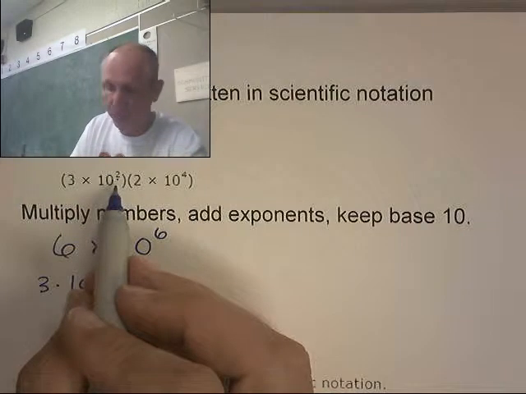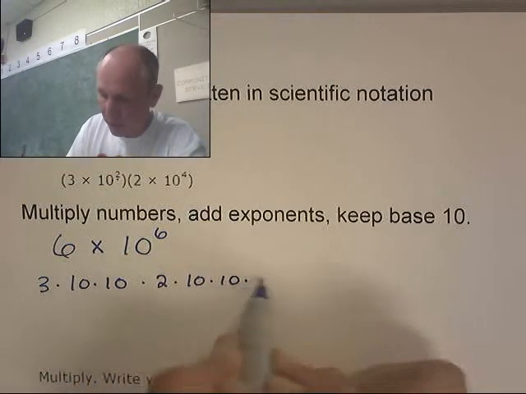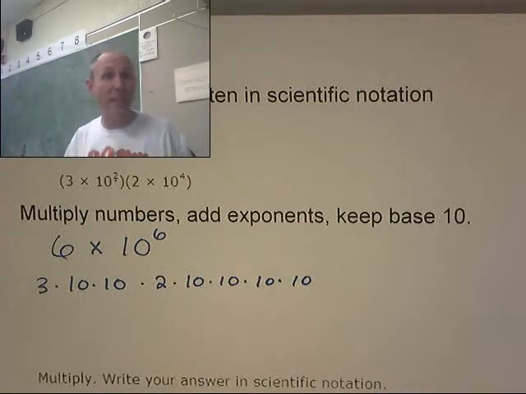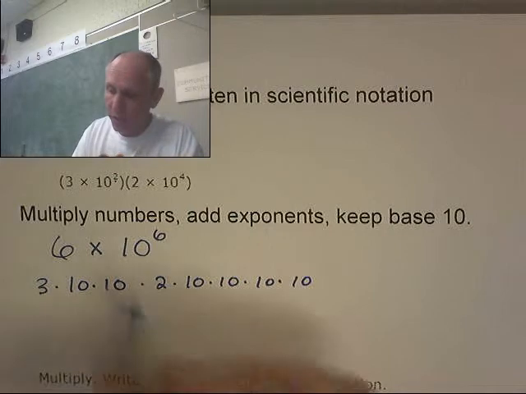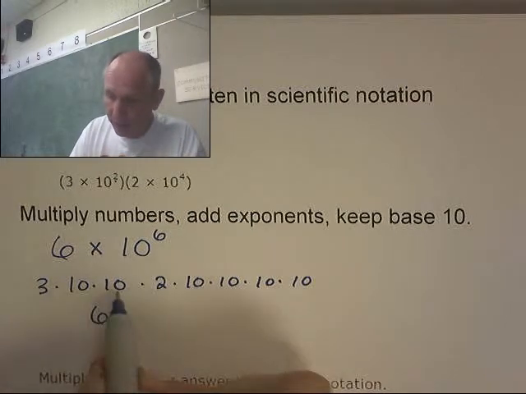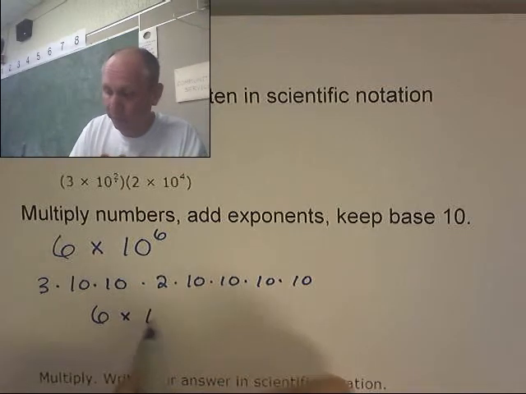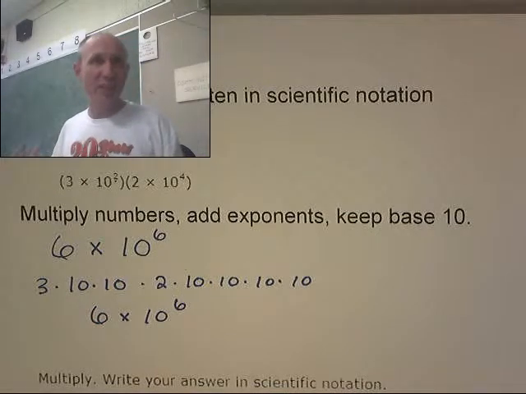Cool. 3 times 10 squared times 2 times 10 times 10 times 10 times 10. That's what's happening. If I expand this out, there are all those 10s. The 3 and the 2 are going to become a 6. And 10 times 10 times 10 times 10 times 10 times 10 is 10 to the 6th. Once again, exponents are a really logical thing.